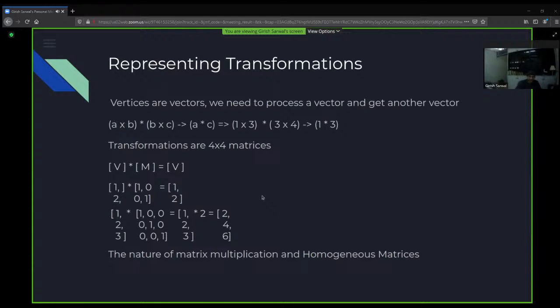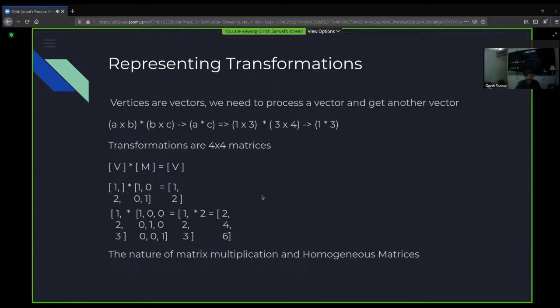So when we are working in 2D and our vector has two components, we multiply it with a 3 cross 3 matrix, because the extra row and extra column help us do a lot of operations that we would not have been able to do with a 2 cross 2 matrix.